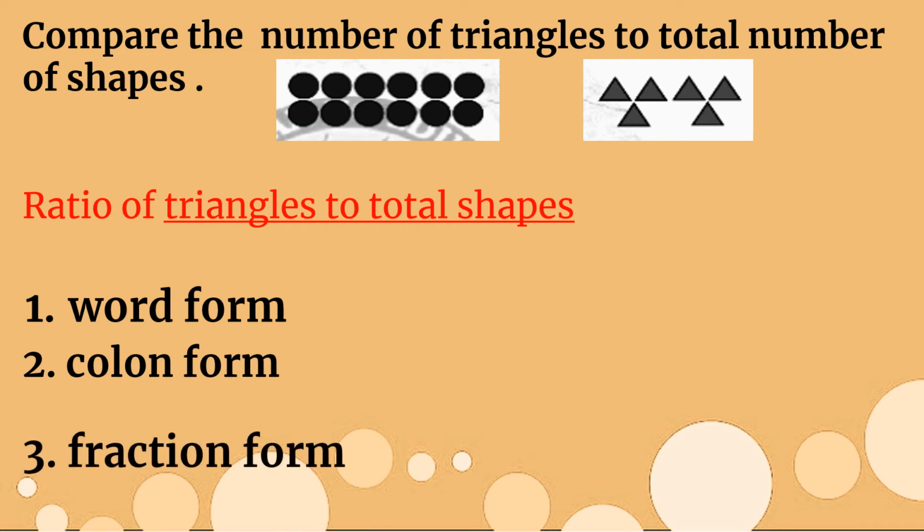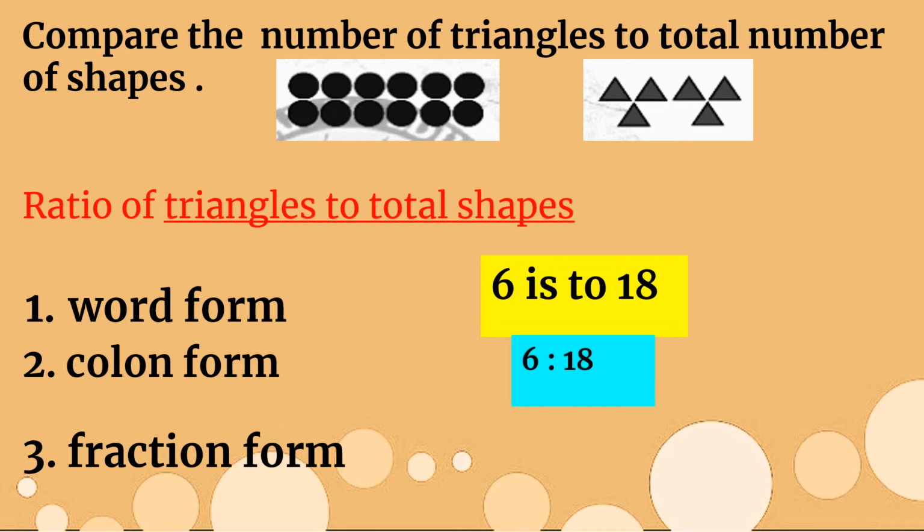So, the word form for this, triangles are 6 and the total shapes is 18. So, 6 is to 18. And then for our colon form, we have there 6:18. And also for fraction form, 6 over 18. So again, always remember, the given or the answer is based on what is the order in the given.